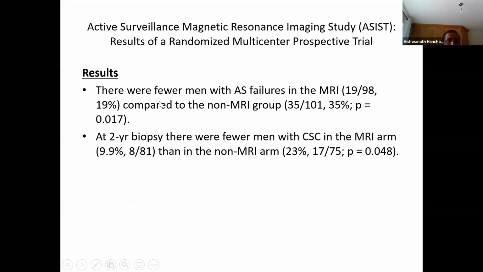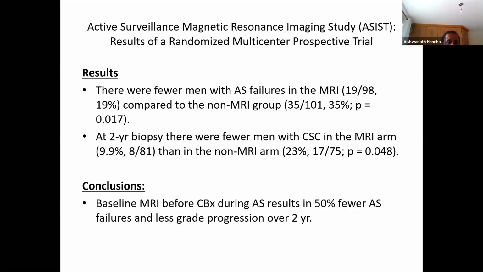The results said that there were fewer men with active surveillance failure in the MRI arm, suggesting that MRI will help us to identify more targeted lesions, and biopsying them will help us to stratify these active surveillance patients more effectively, and the chance of failure will be lower in that group of patients.